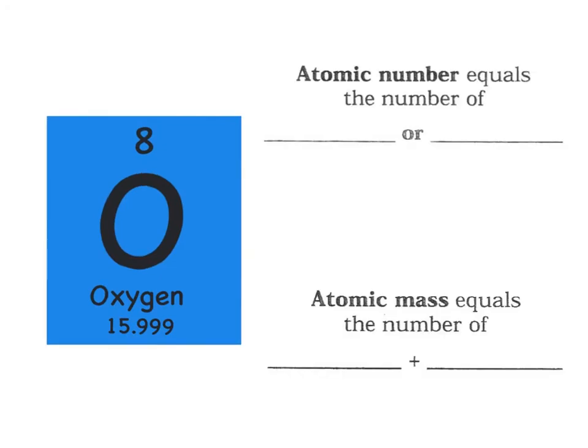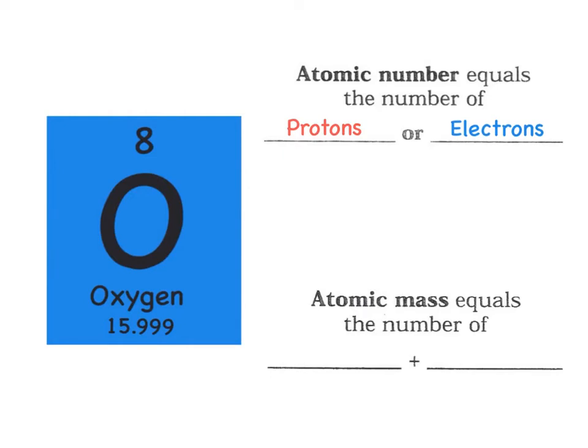So let's review. The atomic number equals the number of blank or blank. So what has to be balanced in order for Matterville to be stable? Well, of course, it's protons or electrons. Remember, protons and the electrons need to be equal in order for Matterville to be balanced.